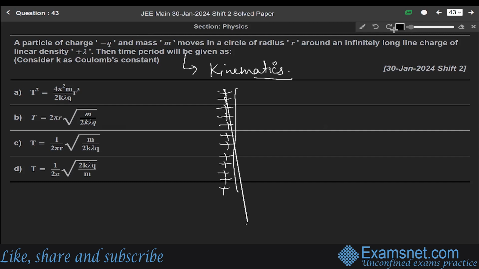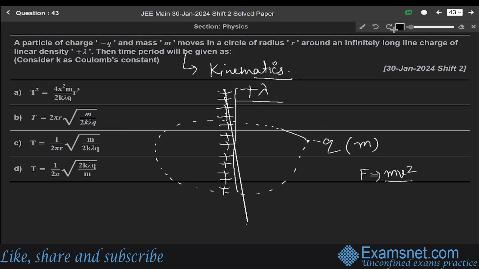Let us say there is a particle whose charge is minus q and it is rotating around this infinitely long wire having linear charge density plus lambda, and its mass is m. Since it is revolving around this infinitely long wire, the force will be equal to the centripetal force, which is mv square over r.